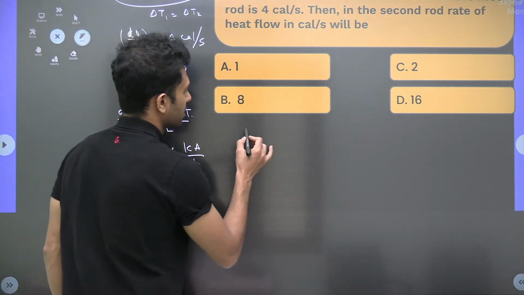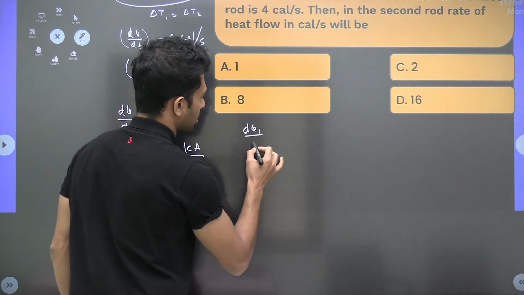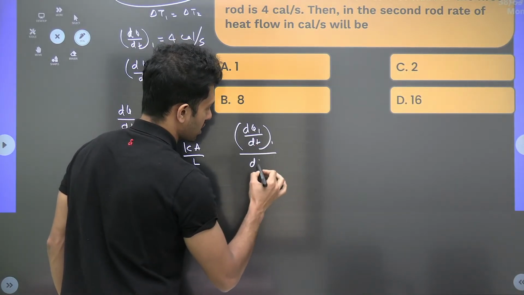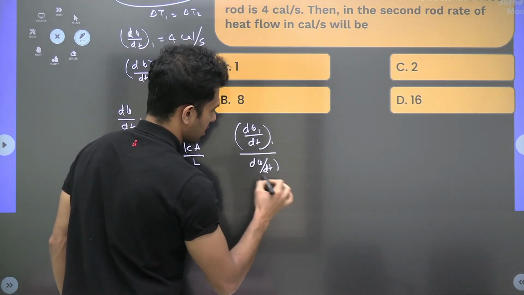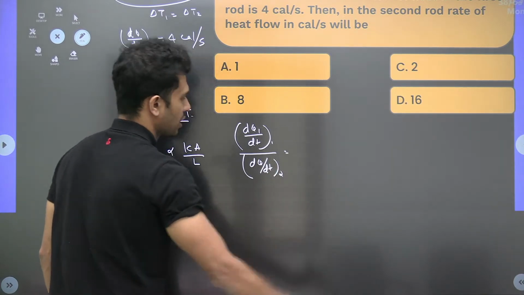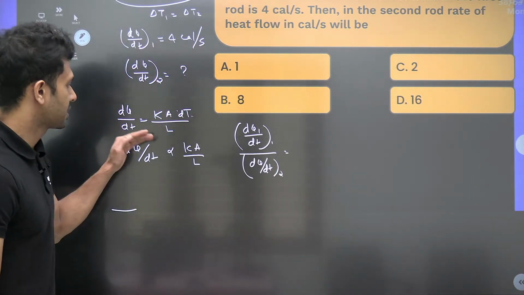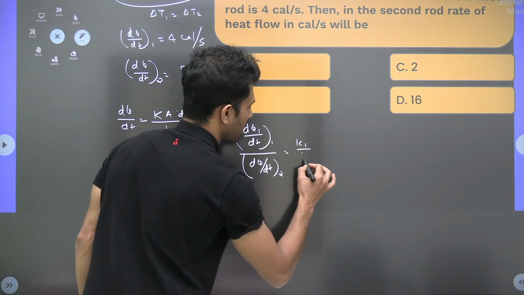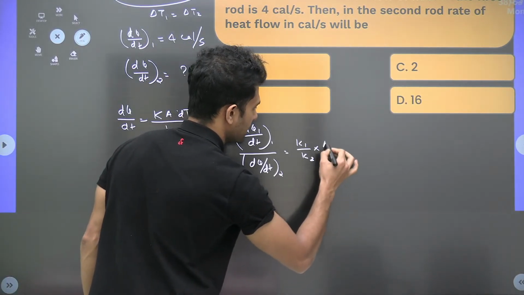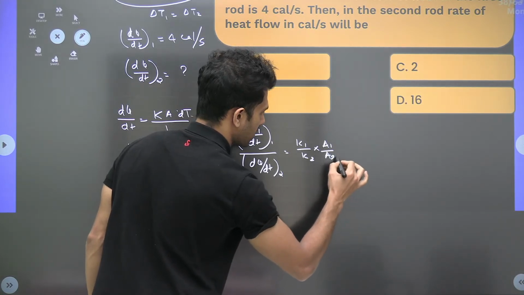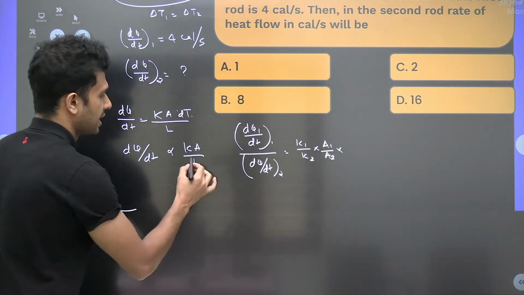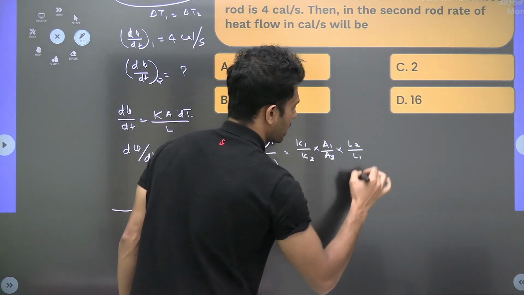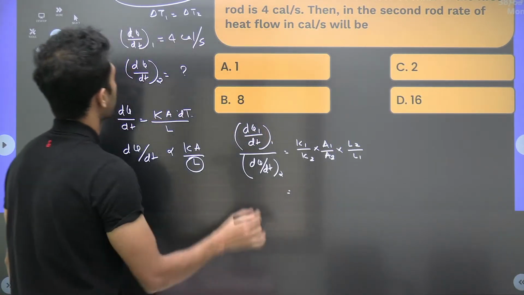So the question is, dQ by dt in the first case to dQ by dt in the second case will be equal to what? As it is directly proportional to K, that will be K1 by K2. As it is directly proportional to A, that will be A1 by A2. And as it is inversely proportional to L, that is L2 by L1.